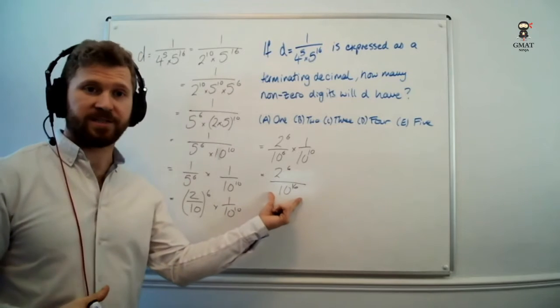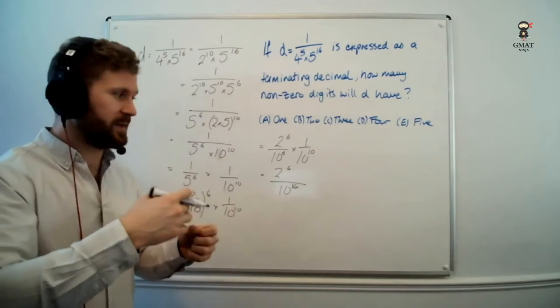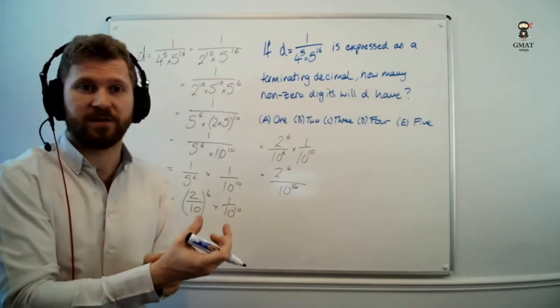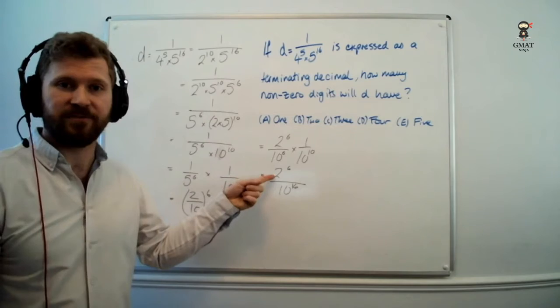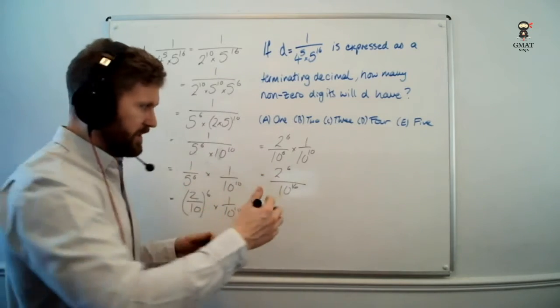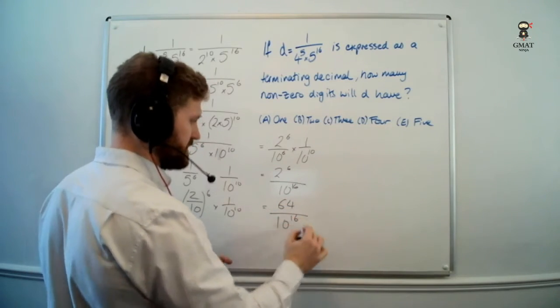So as we said before, this 10 to the 16, all that's going to do is give me more zeros. The bigger that number gets, the more zeros I'm going to have before my terminating decimal starts. The bit that I'm really interested in for this question is this 2 to the 6 on the top row. Now, multiplying up powers of 2, that is 64 over 10 to the 16.